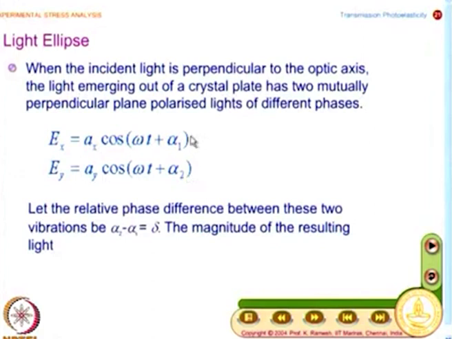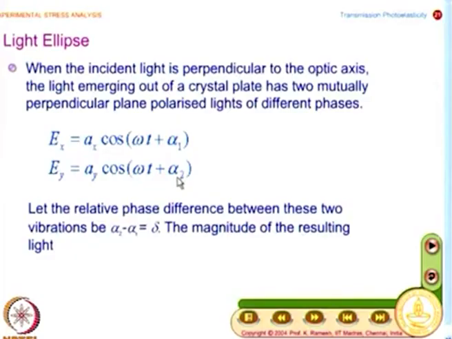So, I essentially have two simple harmonic motions, one in the x direction, one in the y direction. They have different amplitudes Ax and Ay, and in general you could also think of phases alpha 1 and alpha 2.